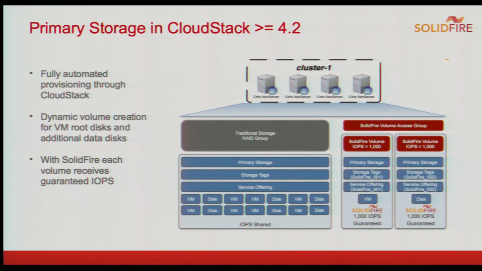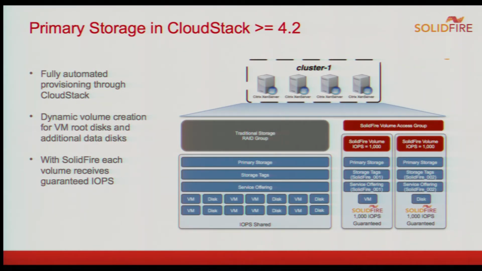And as we mentioned, that's not very ideal from a quality of service standpoint, but it was fairly simple to implement. And so now we want to take that a step further, which is on the right side there. I won't go through all the little boxes, but really it's just saying we want a one-to-one mapping between a root disk and a back-end volume. And then ideally, with a system like SolidFire, you can pick minimum IOPS and that sort of thing. So every time you spin up a VM, it needs a root disk.